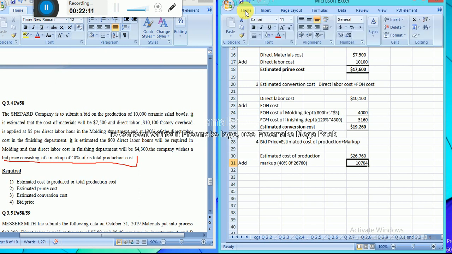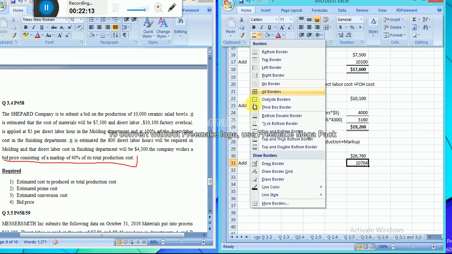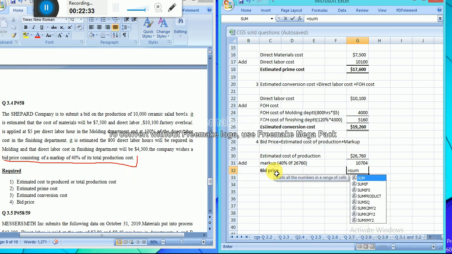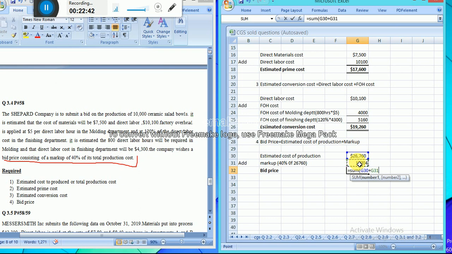Now, when we add this 10,704 to the cost of production, our bid price will be: look, we produce the goods at 26,760 plus 10,704, which is our markup amount.